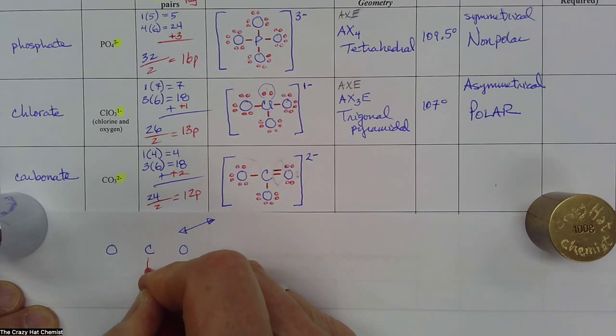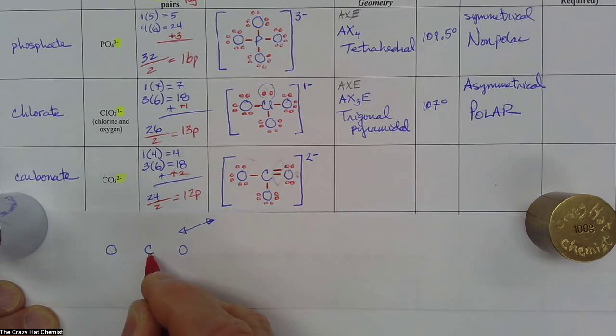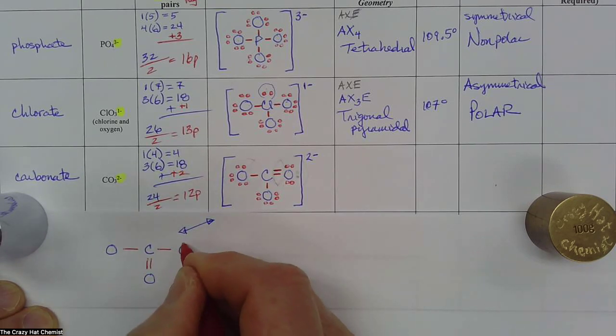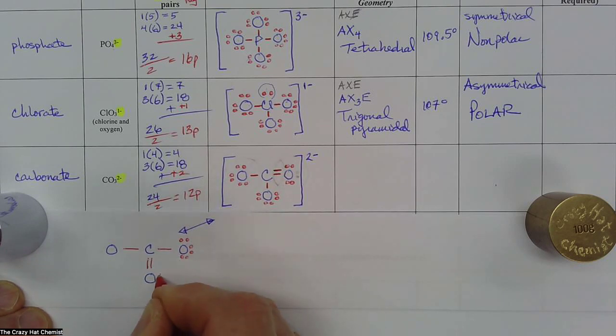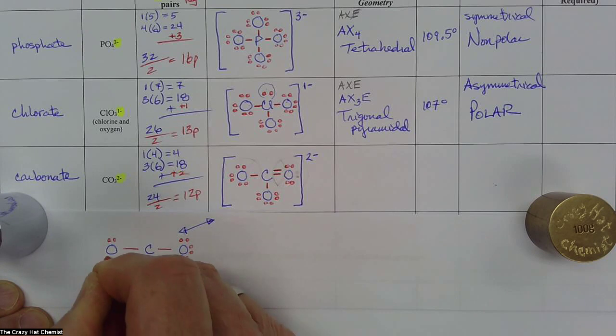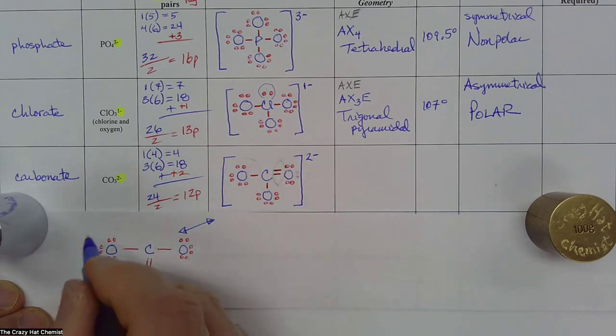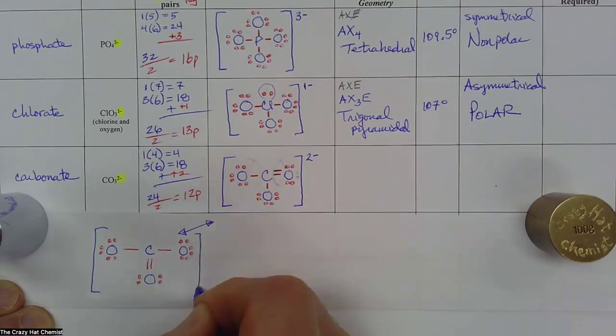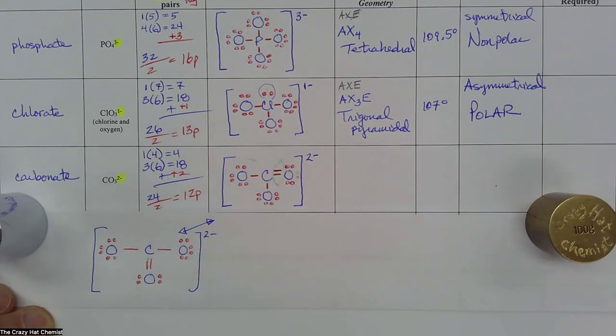We could have drawn the double bond here between the carbon and the 6 o'clock position, and that would have been fine. Consequently, the 3 o'clock position would have 3 sets of lone pairs. The 6 o'clock position would have 2 sets of lone pairs because it has a double bond. And the 9 o'clock position would have 3 sets of lone pairs. Of course, you still need the brackets and the 2 minus charge.